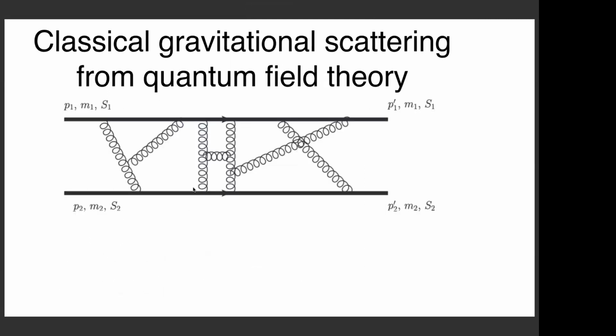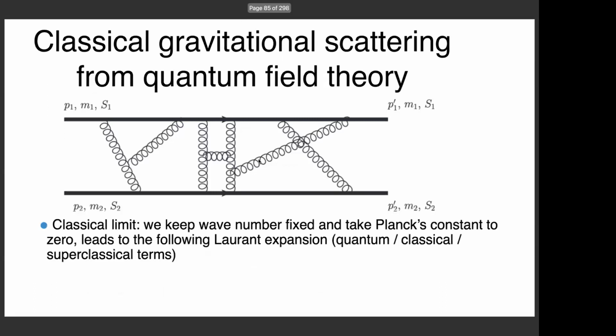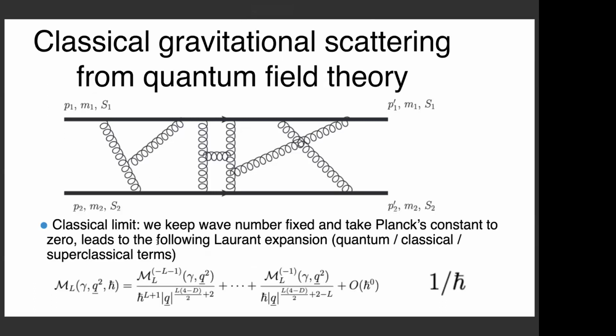But if we look at the most general diagram, in order to see where we have classical physics, we have to reintroduce Planck's constant everywhere. Normally when we do field theories, we are considering units where we put h bar and the speed of light and other constants to 1.